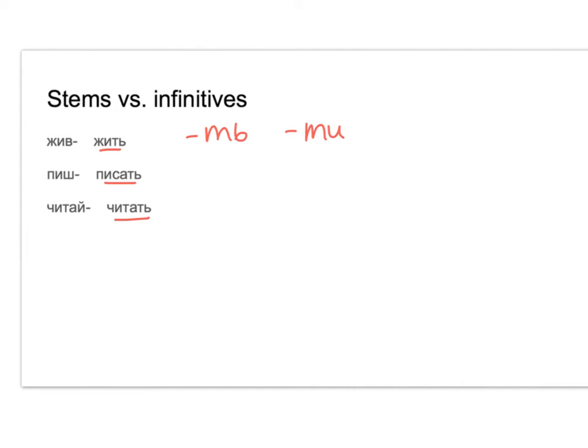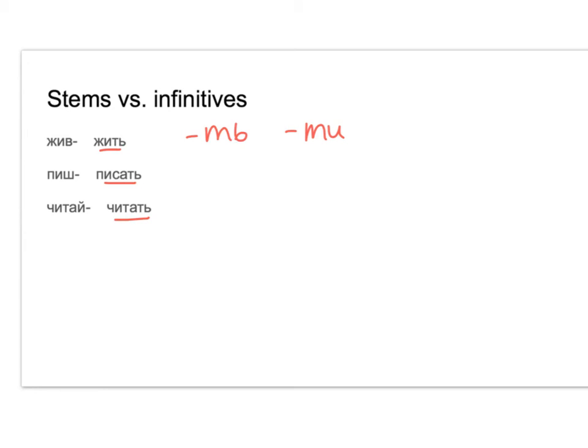Verb infinitives generally have the meaning to, like жить, to live, писать, to write, читать, to read. However, using the infinitive to try to figure out the conjugation of the verb can be misleading. Knowing the stem of the verb gives you more information about how the verb will conjugate.